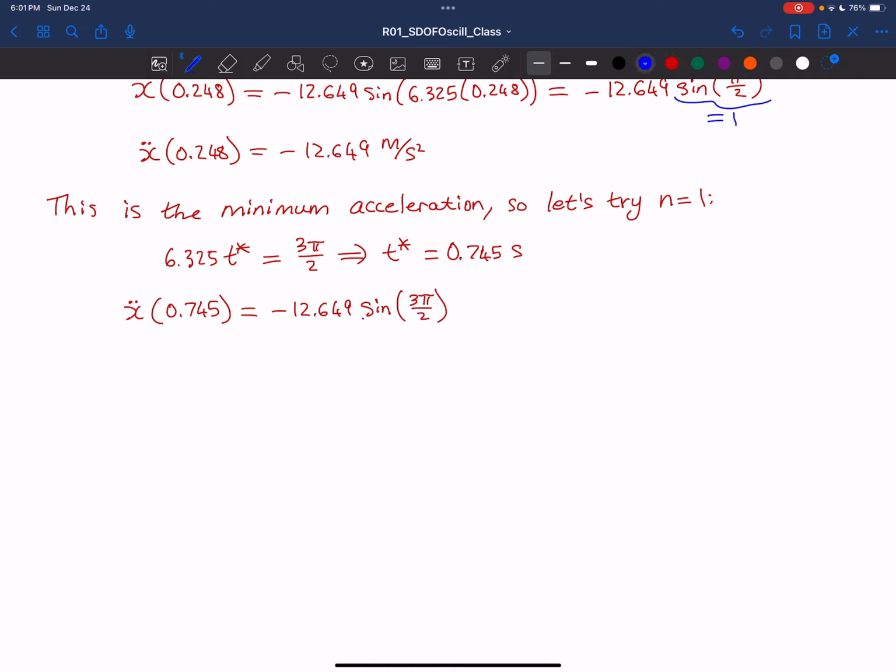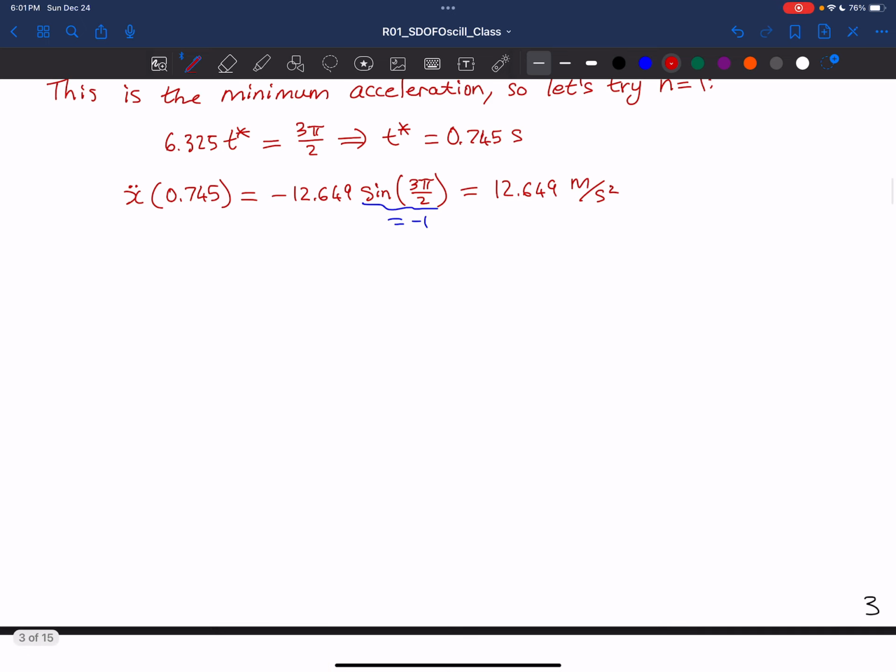This is equal to minus 1, which will cancel the minus out in front, so we'll get 12.649 meters per second squared. So thus, the maximum acceleration is 12.649 meters per second squared.